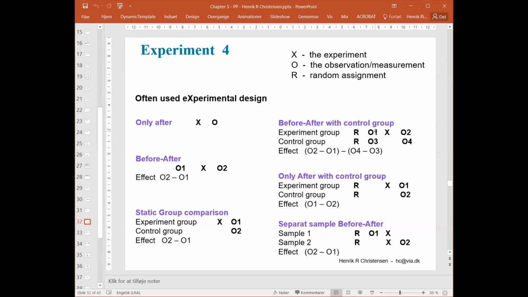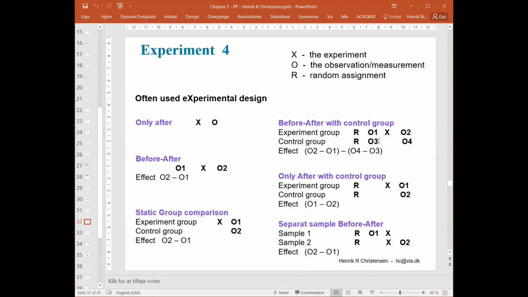But if something has happened in the environment that might affect all people within this particular setting, then the change would have happened anyway. And that is why we have this measure, because here we measure what happens without the experiment.